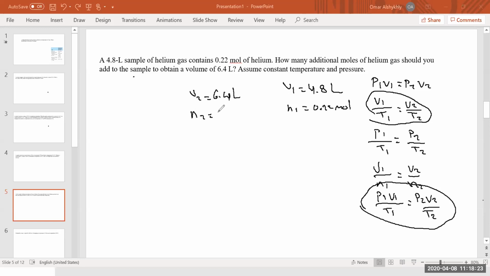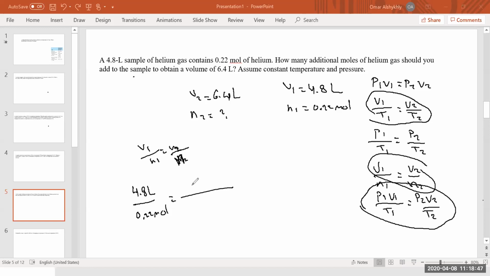The N2 is unknown. So we will use this formula: V1 divided by N1 equals V2 divided by N2. So here V1, it is 4.8 liter divided by 0.22 mole, will equal V2, 6.4 liter divided by N2.